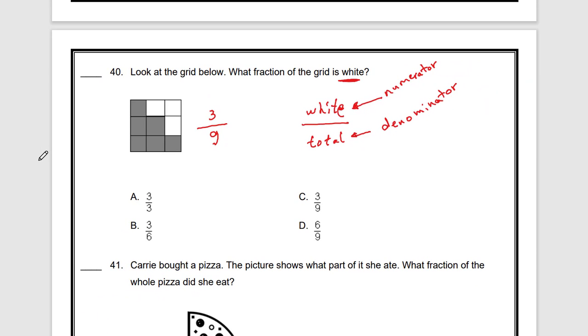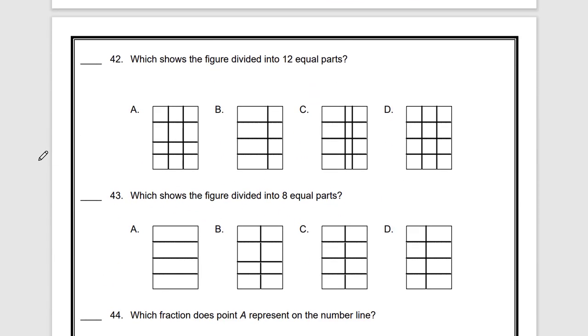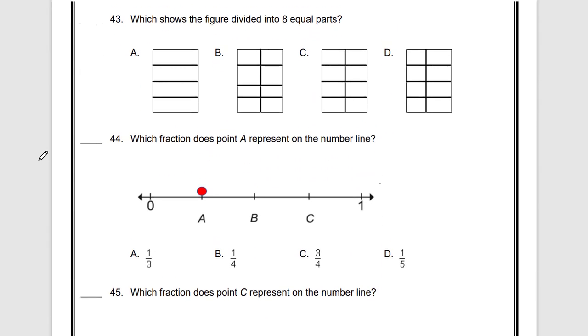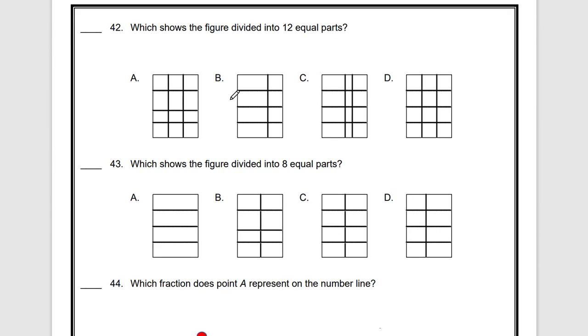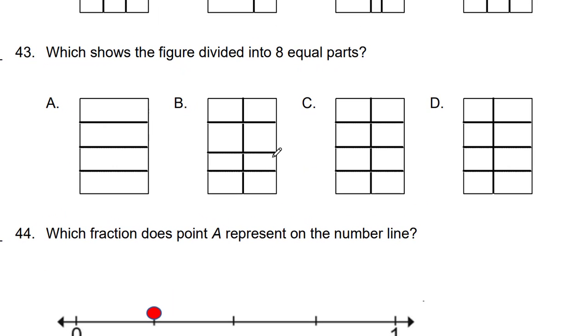Okay, so the last thing that we have is the number line. Oh, before the number line, these questions are very easy. As you can see here, the question may ask which shows the figure divided into 8 equal parts. You should think of two things, the 8 and the equal.